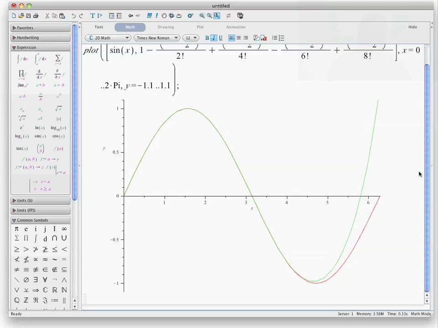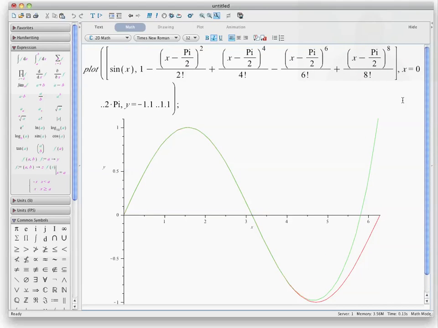And what's happening is, as I increase the number of derivatives, if I go out to the 10th, then the 12th, then the 14th, and so forth, I will get better and better approximations. In theory, if I expand this polynomial out to an infinitely long polynomial, it should fit sine perfectly everywhere.